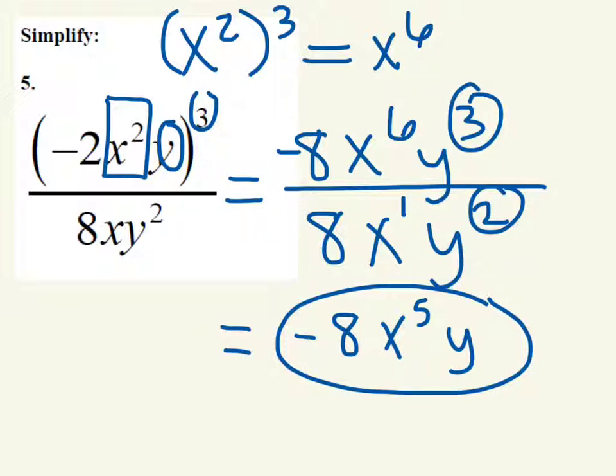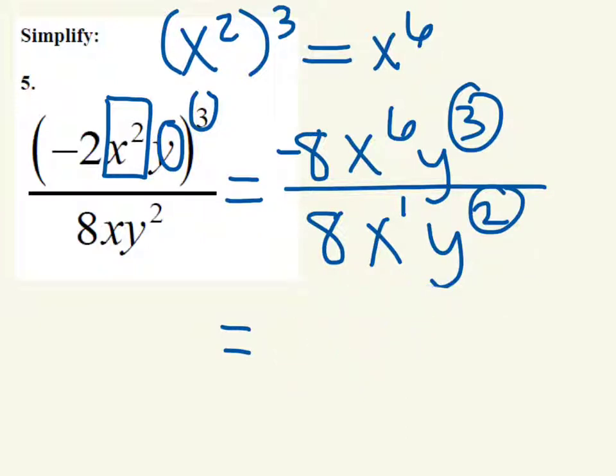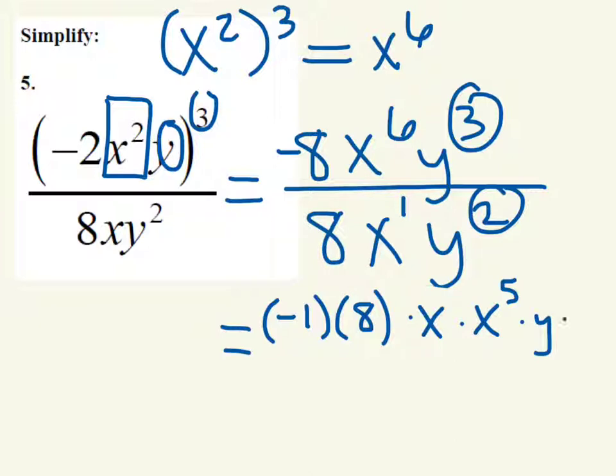But just to think in terms of canceling common factors to help set up for understanding of our polynomials that will simplify, I'm actually going to factor my numerator. So let's do that. I'm going to write this as negative 1 times 8 times x to the fifth times y to the second.